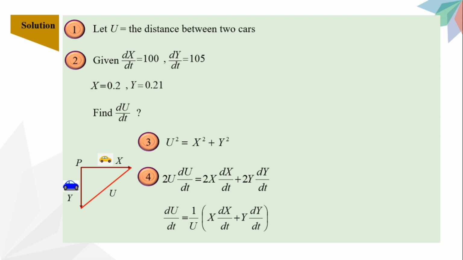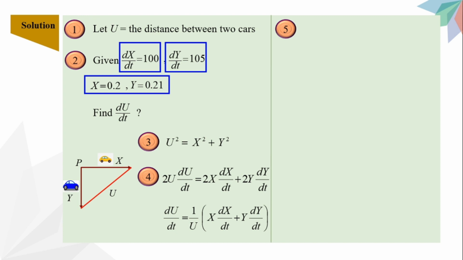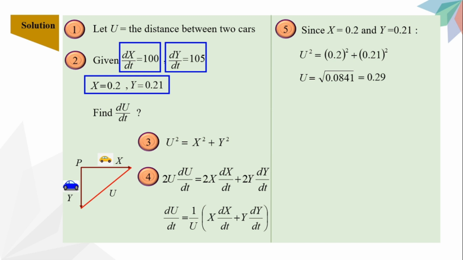If we refer to the known values, we have dx/dt, dy/dt, and values of x and y. But we don't have the value of u. So, for the fifth step, we need to find u by substituting values of x and y into our original Pythagorean statement and get u equal to 0.29.